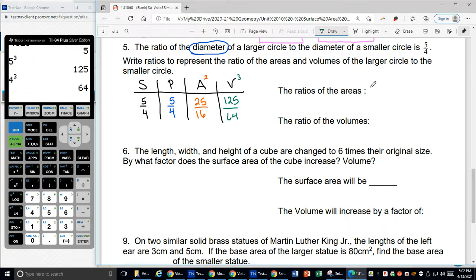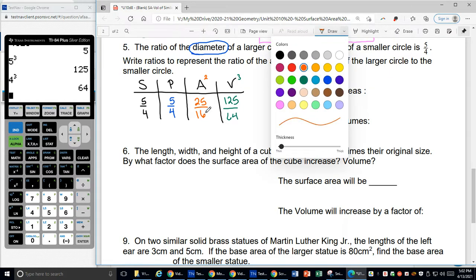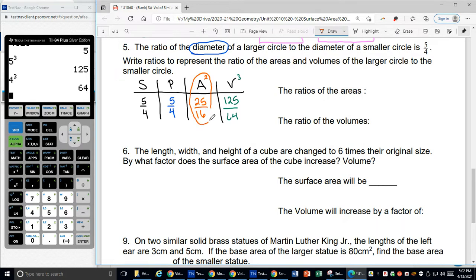The ratio of my areas is 25 over 16, which we can write as a fraction, with colons, or with words, right? So there's 3 ways to write it: 25 to 16. All 3 of those are the same answer.